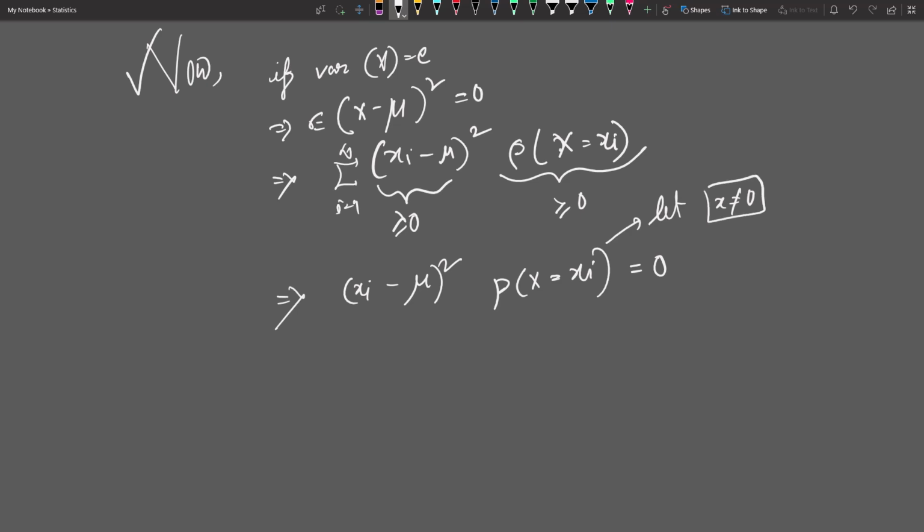Why am I writing this word? Because if I say this one is going to be 0, then this will be an impossible event that is not occurring here. So can it be done? That is obviously cannot be done.